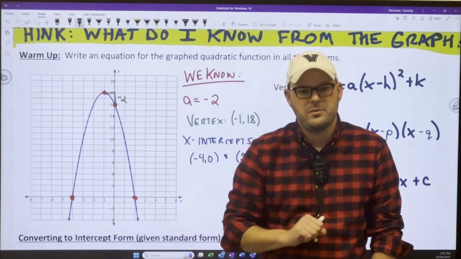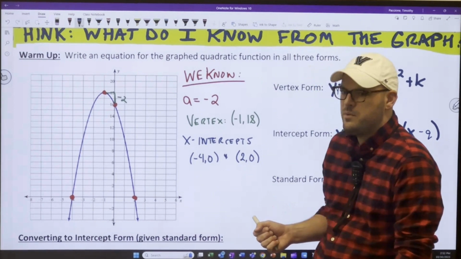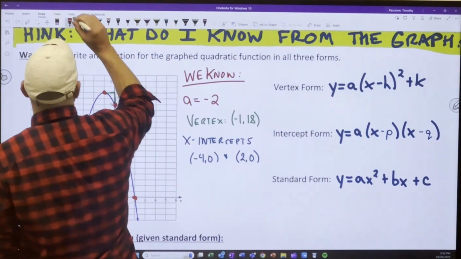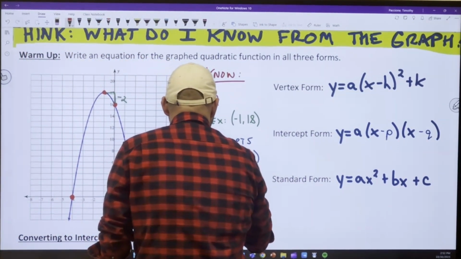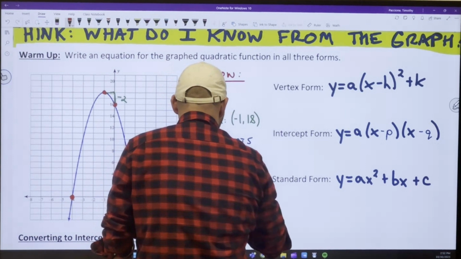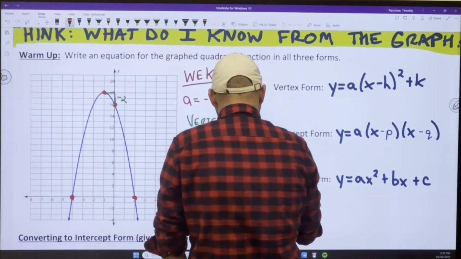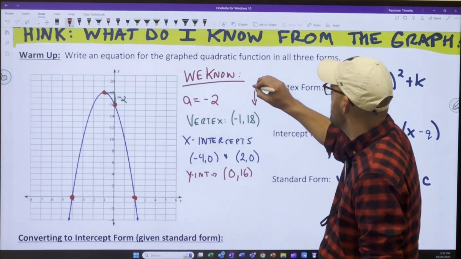Absolutely correct, right? And anything else? I see a couple other things. Y-intercept, very good. We have a y-intercept. We sure do know a max. So what's the y-intercept? 0, 16, right? So yeah, our vertex, this is our max. Good.